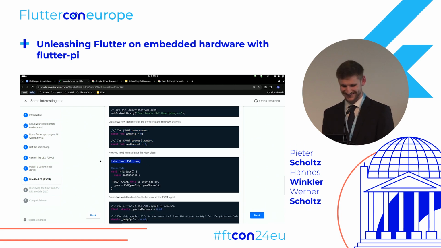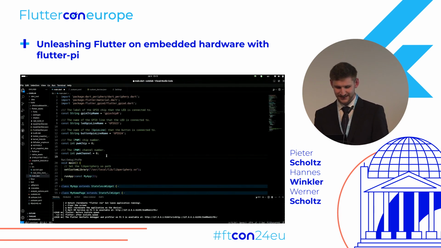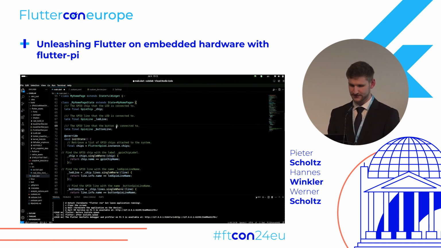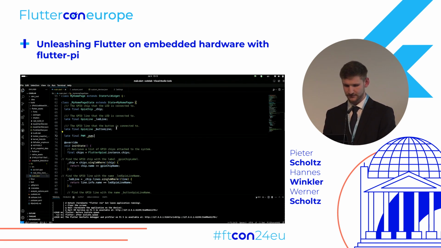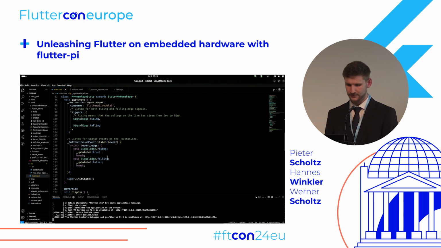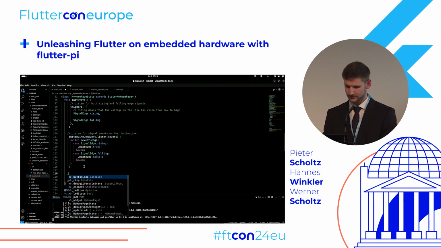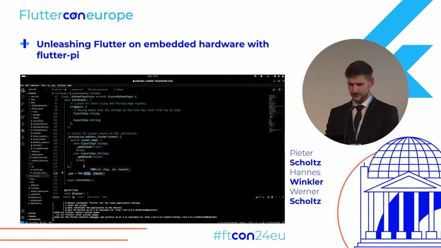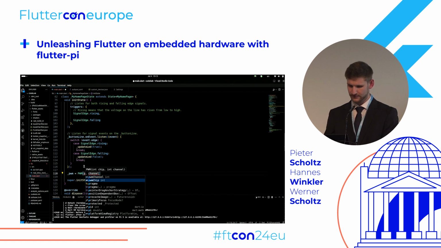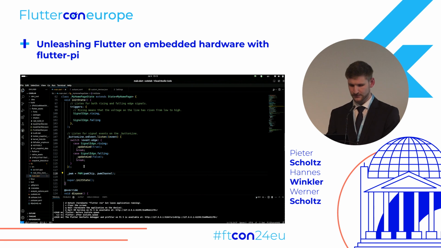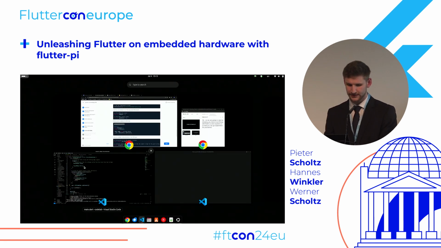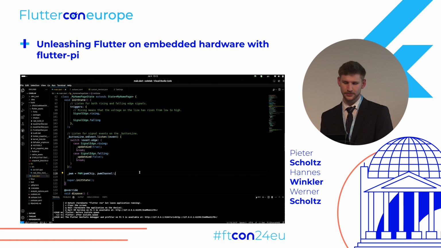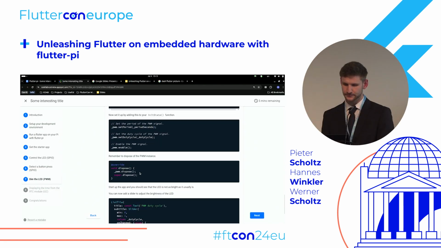Just initialize this. Cool, so just creating an instance of the PWM class provided by dart_periphery.